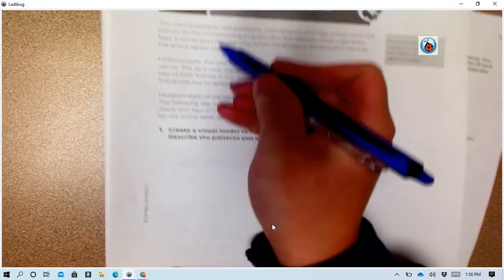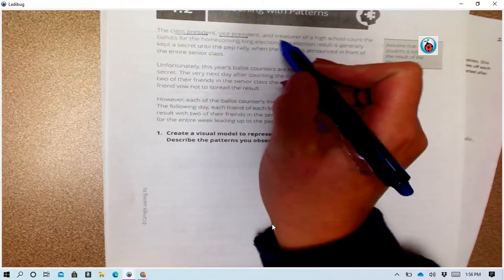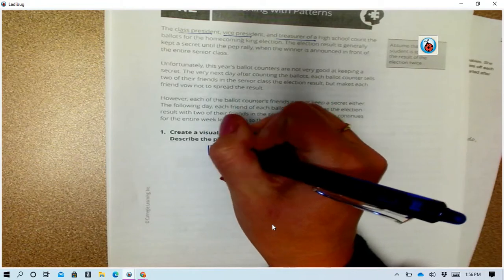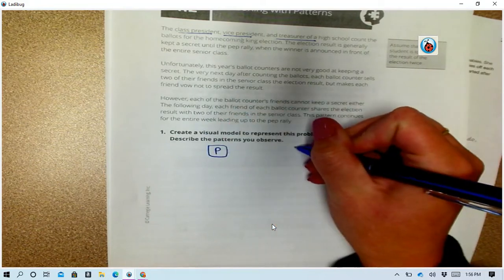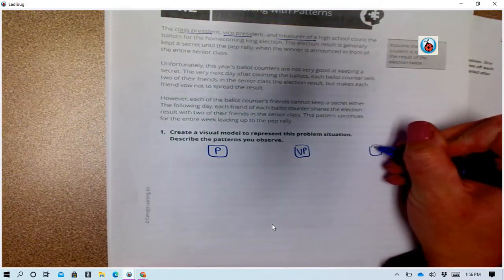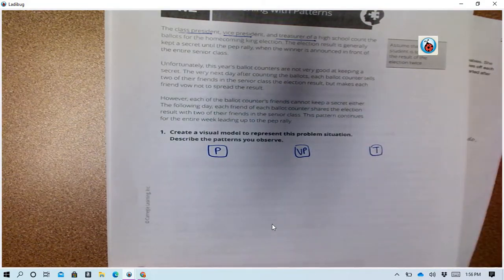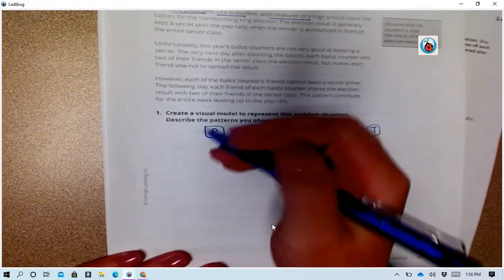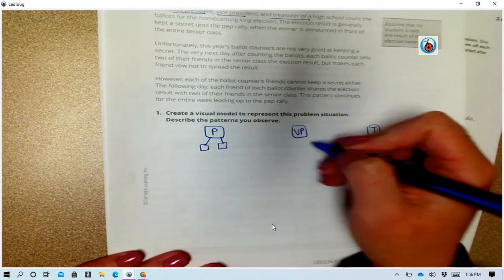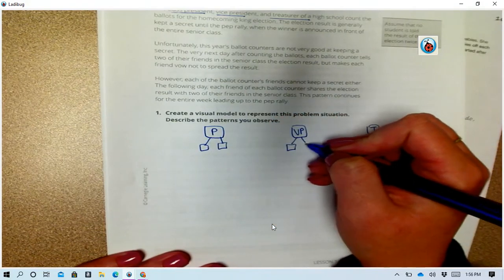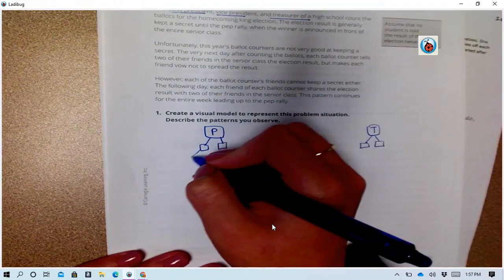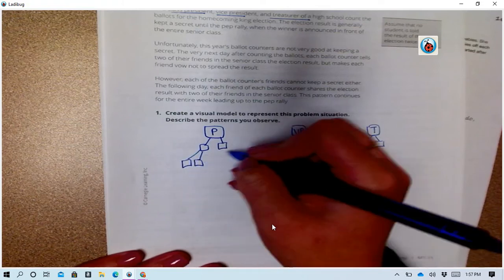So we know that the class president, the vice president, and the treasurer are the first 3 who know what's going on. Then those people tell 2 people. And then those 2 friends tell 2 friends.